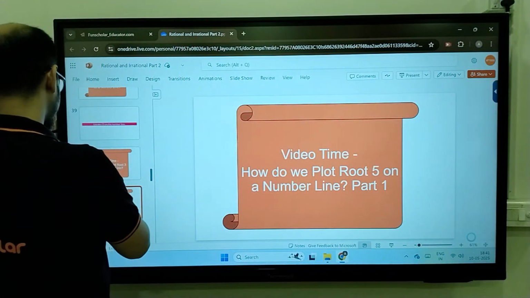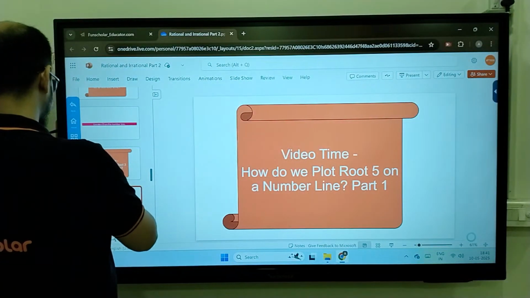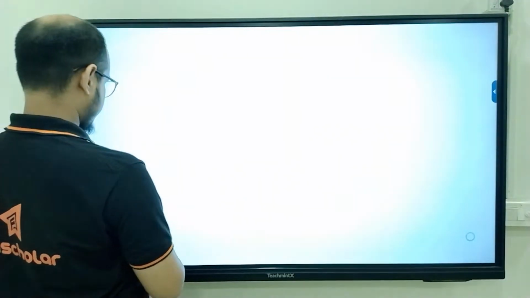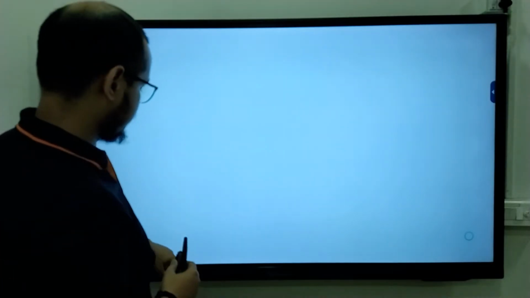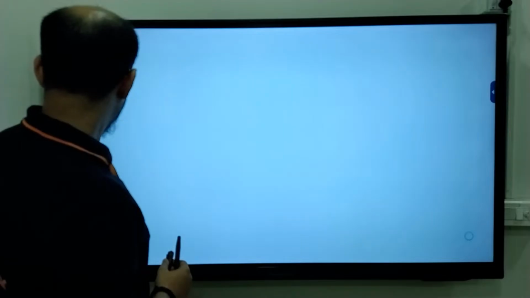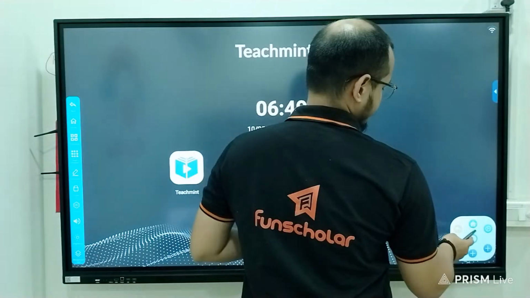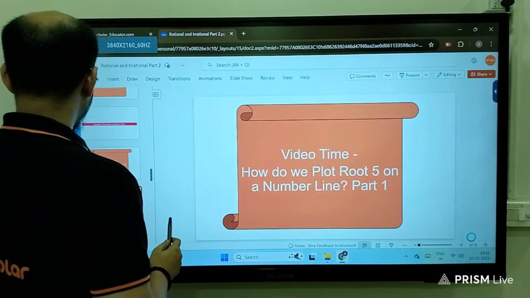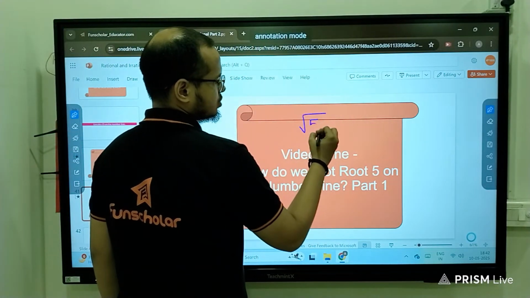Let me show you the diagram first before watching the video. Okay, now let's annotate this. We will have to find what root 5 is.